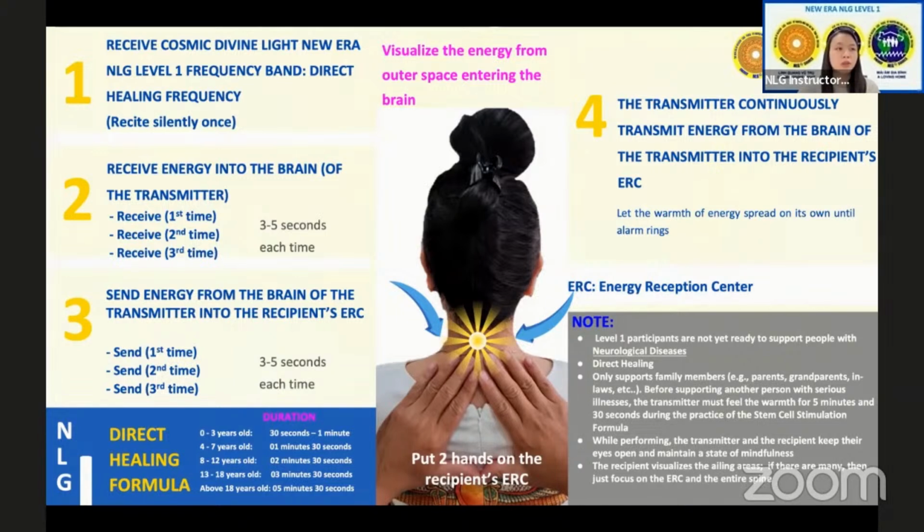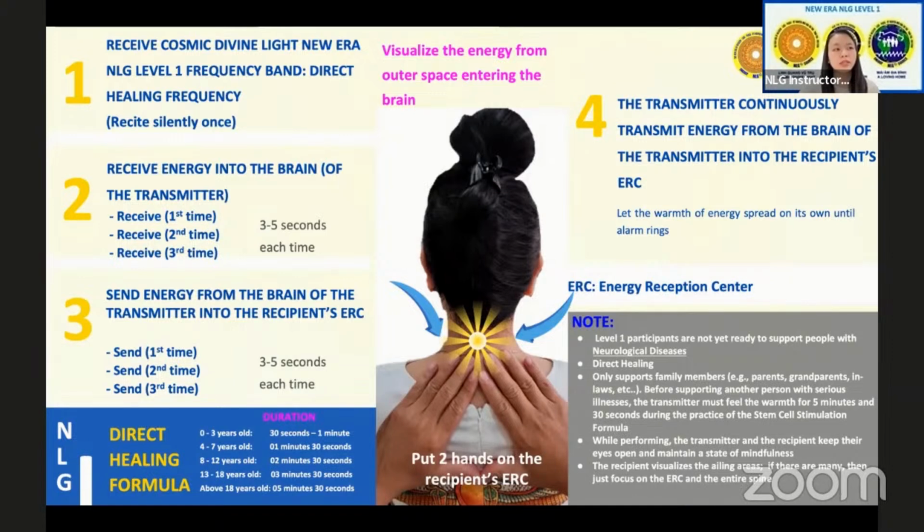Before that, I mean, you can do it, but when it comes to the warmth that you're supposed to experience when you practice stem cell stimulation, that should be in your everyday practice. So every day when you practice that formula, you need to feel that warmth, because that's an indication that you have enough energy, you receive enough energy, and you have that good connection for you to then reach out and help people with severe diseases. Okay, but in this case, it's mostly for the people in your family.